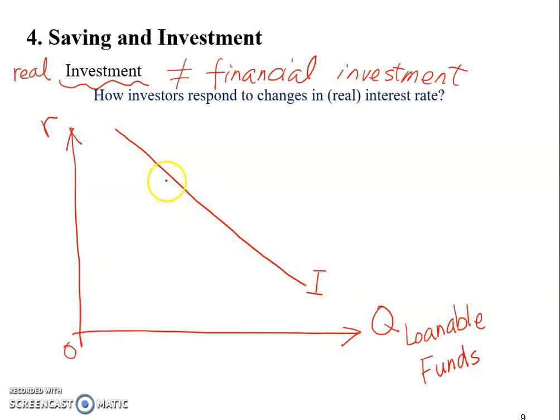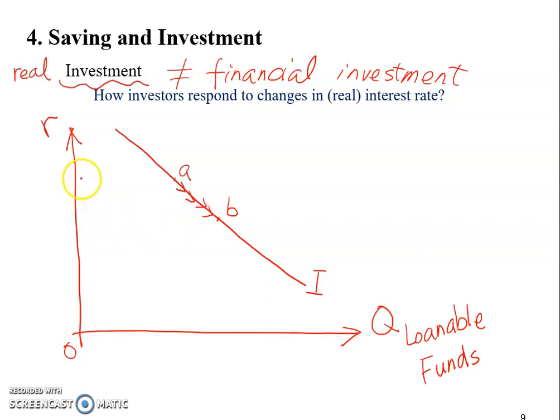Now, how could we be sure that this is going to be downward sloping? Again, as we did before, we just arbitrarily pick 2 points A and B. You can pick wherever you want, and then let's see if it goes down.